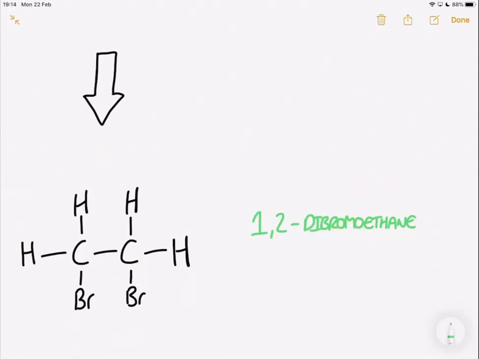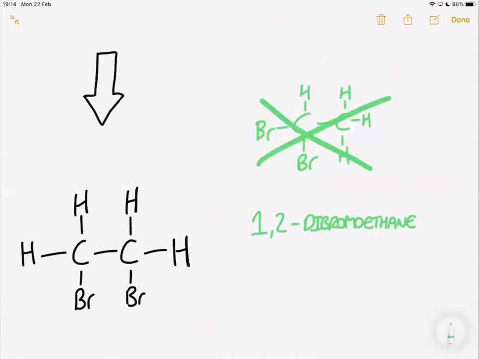Just to mention something else about this, right? You very clearly could not end up with this structure in an addition reaction to an alkene. If you look at it, it just doesn't make sense based on what we've just been learning.